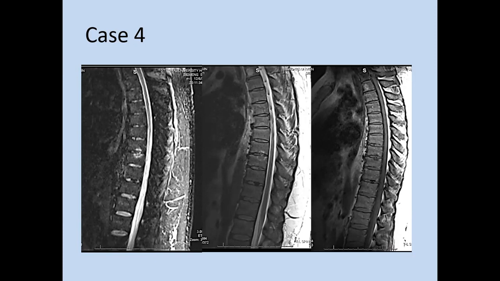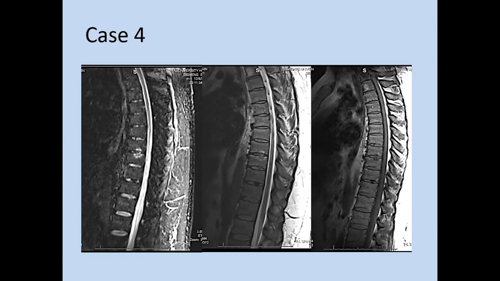Yes, exactly, you will lose the disc space. Loss of disc height is the most worrisome feature of discitis, whether on radiograph, MRI or CT. Whenever you see loss of disc height, it is always worrisome for discitis. But in an Andersson lesion, the disc height is maintained. So that's how you can tell them apart with a great degree of certainty.